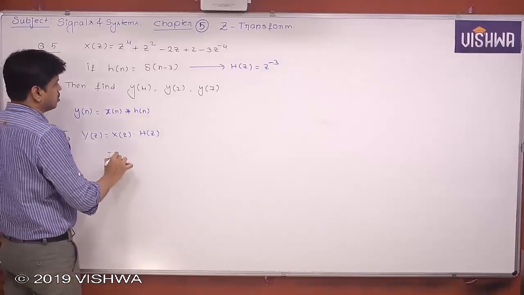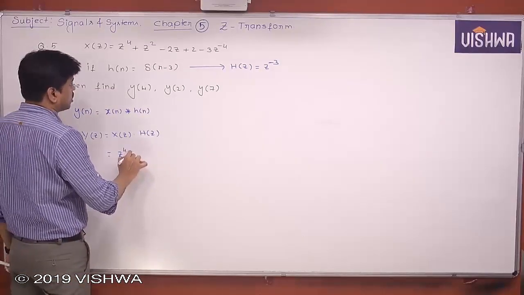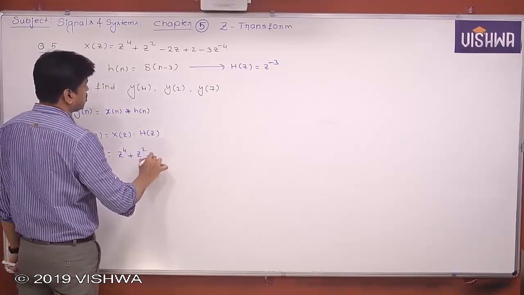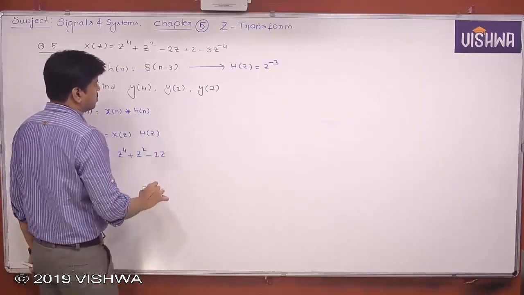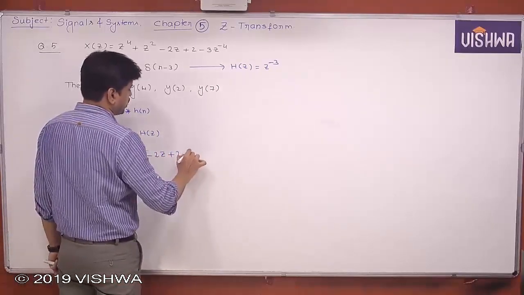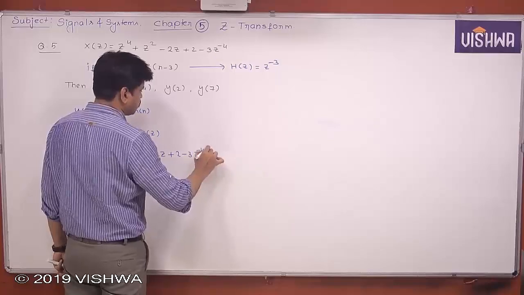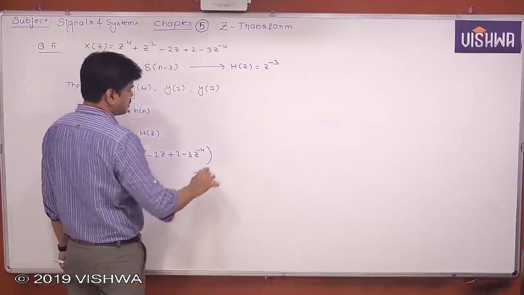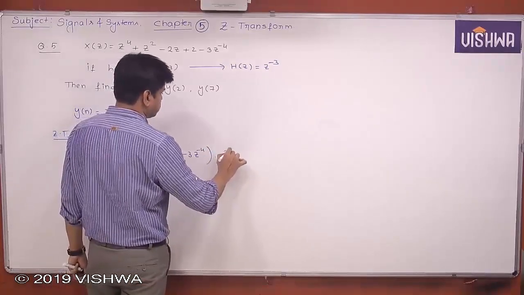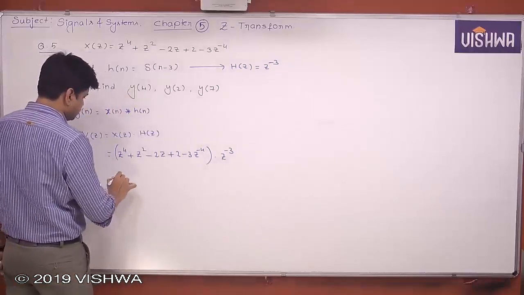So z power 4 plus z square minus 2z plus 2 minus 3z power minus 4 multiplied with z power minus 3. Then what are we going to get?